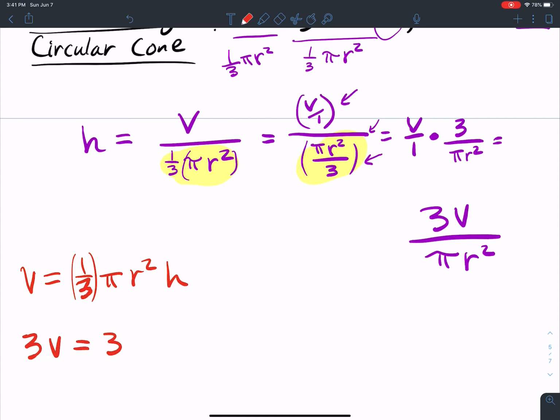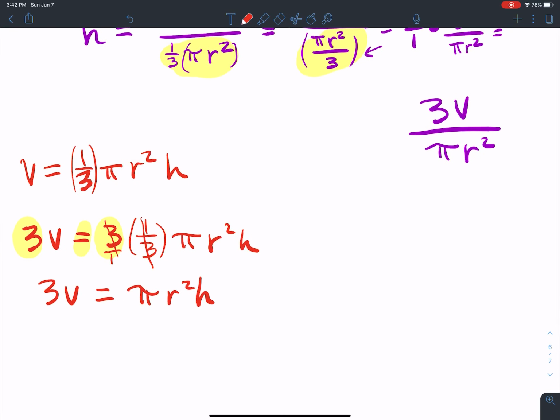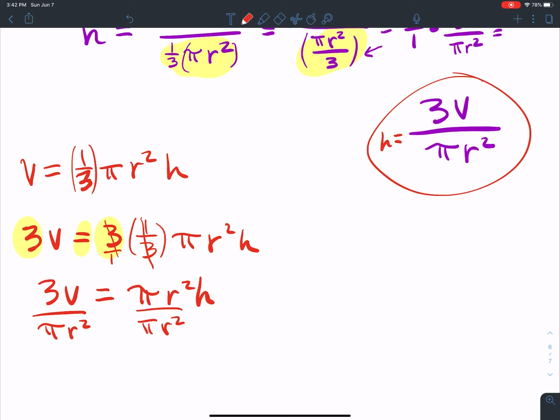Remember, if you multiply by the least common denominator, you can get rid of the fractions. And as long as you multiply by the same thing on both sides, your equality is still good. So that gets you 3V equals, and then those cancel, and you have pi r squared h. Now you're seeing that this looks a lot like what we had before. Divide both sides by pi r squared, and we get the same answer. So that's another way to get your solution.